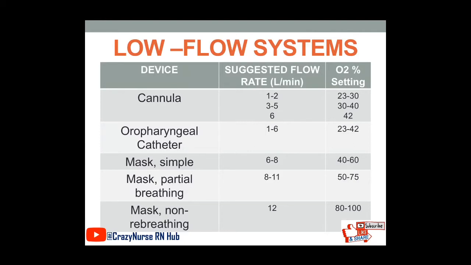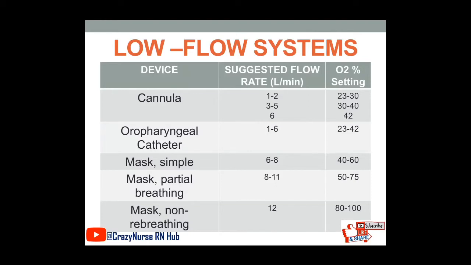We also have your oropharyngeal catheter, which can give a rate of 1 to 6 liters per minute, with an oxygen concentration between 23 and 42%. We also have your simple face mask, which could give 6 to 8 liters per minute, having a 40 to 60% oxygen concentration.